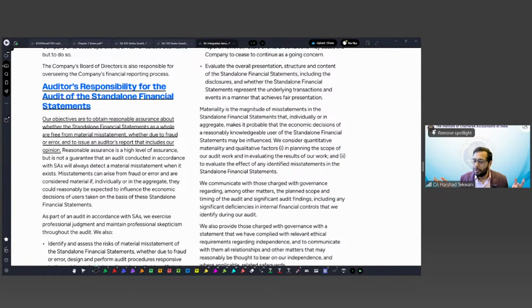There is nothing different in that. Your objective and your responsibility cannot be different. Here, your objective is to issue an opinion in SA 200, and when you issue an audit report, that becomes your responsibility also: my objective was this, and this is my responsibility. So, this is coming from SA 200.